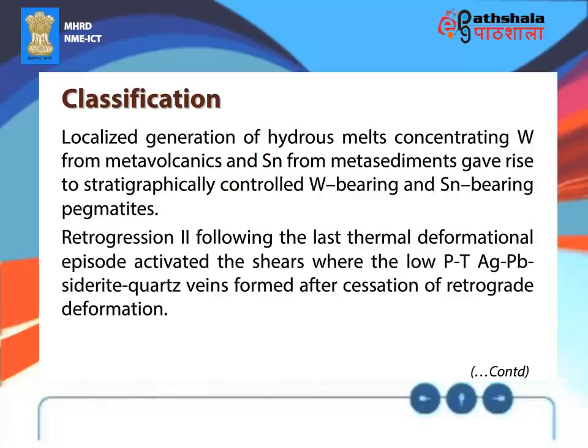Localized generation of hydrous melts concentrating W from metavolcanics and Sn from metasediments gave rise to stratigraphically controlled W-bearing and Sn-bearing pegmatites. Retrogression 2, following the last thermal deformational episode, activated the shears where the low-Pb, silver, lead, siderite, quartz veins formed after cessation of retrograde deformation.